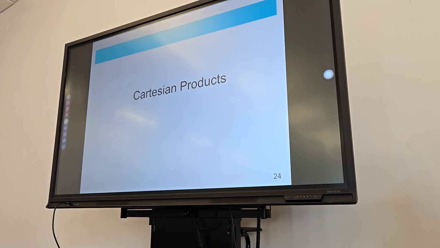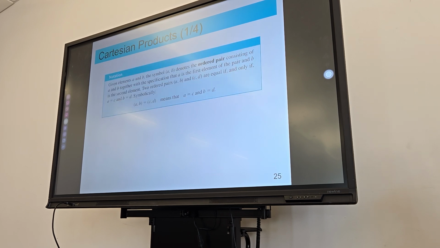Okay. Now Cartesian products. This is where you get to write a lot. The formal definition they give here is kind of confusing, but given elements A and B, the symbol open parentheses A comma B close parentheses denotes an ordered pair consisting of A and B together with the specification that A is the first element of the pair and B is the second element.